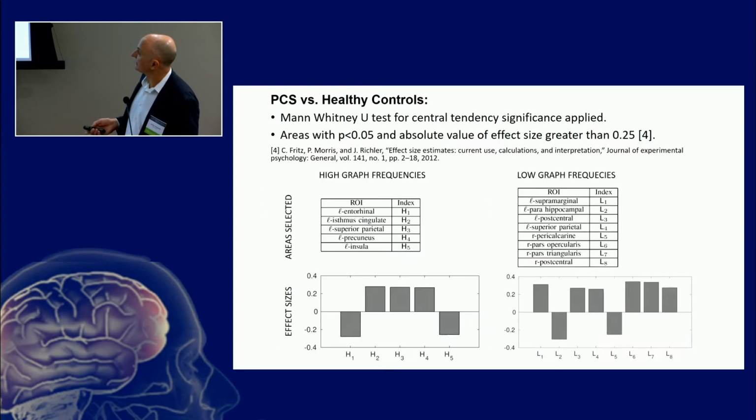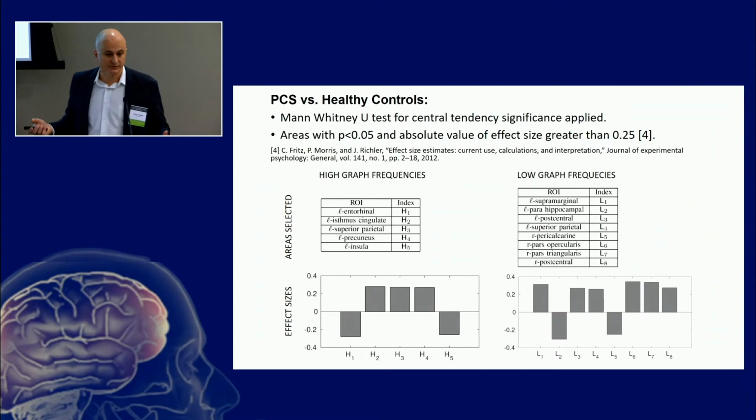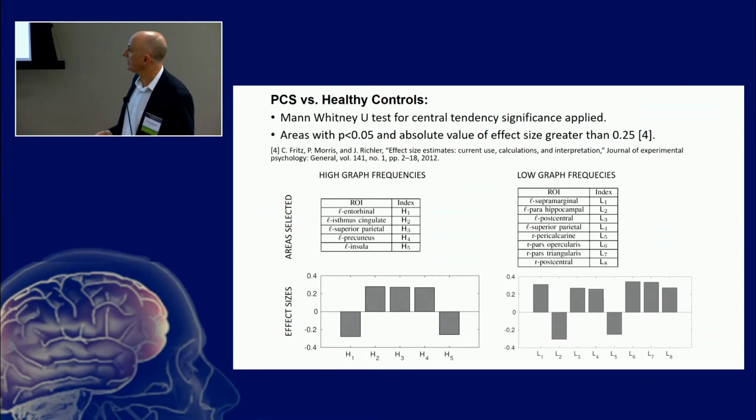And these were significant because the effect size was greater than 0.25. So that was a very interesting result. Even though we have a multi-sampling problem, we found these areas to be significant beyond expectation. And that would mean that the areas need further examination. And that was how we did the preliminary categorization between PCS and normal healthy control patients.